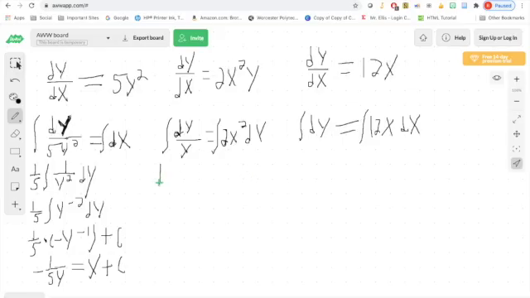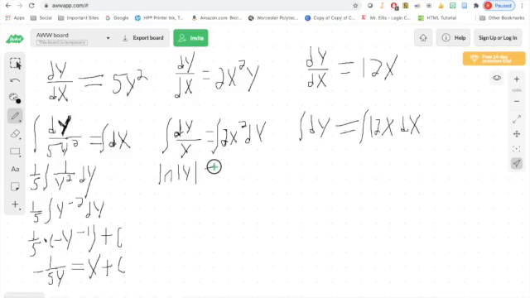Now that's an important thing that you want to note, that when you have something like 1 over y and have to take the antiderivative of that, that becomes ln y, and it would be improper to just make it ln of y and leave out the absolute value symbol here. So you need to put ln y, and then the y should be in absolute value to make sure you're not taking ln of a negative number.